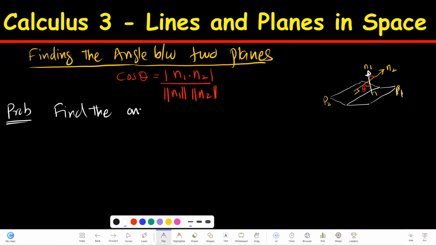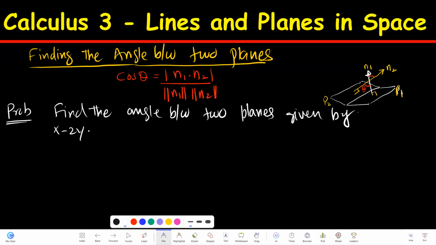Find the angle between the two planes given by x minus 2y plus z equal to 0, and the other one is, let me just do it, 2x plus 3y minus 2z is equal to 0.